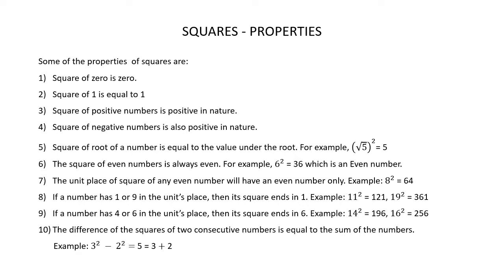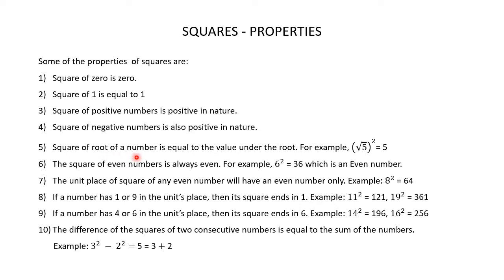For example, plus 2 multiplied by plus 2 will give you plus 4. So square of positive numbers is positive. Square of negative numbers is also positive in nature. For example, minus 3 multiplied by minus 3 will give you plus 9. So square of negative number is also positive in nature.